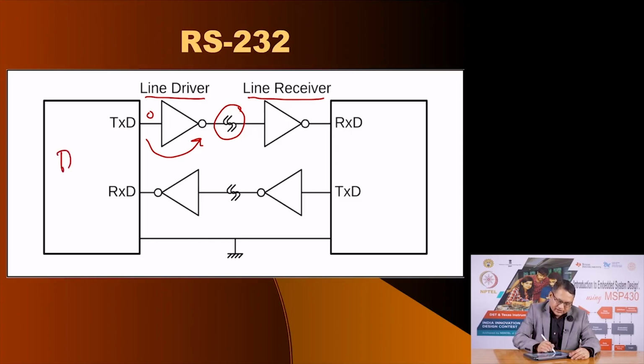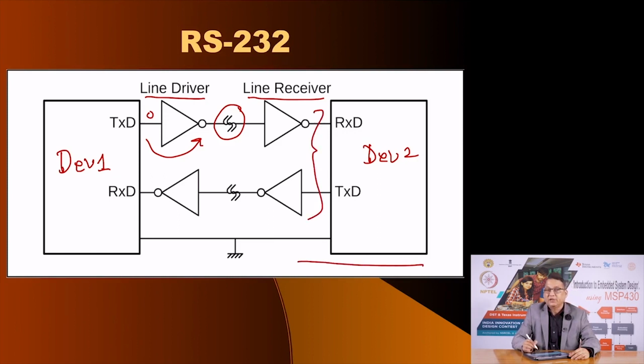So, let us say this is device 1 and this is device 2. Remember that this transmitter and receiver here are connected to this device. So, they may share the supply voltage from device 2, which could be 5 volts, this could be 3 volts. This driver and receiver is connected very close to device 1 and it may have a different supply voltage, it does not matter.